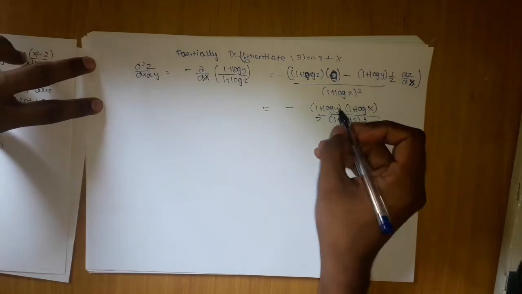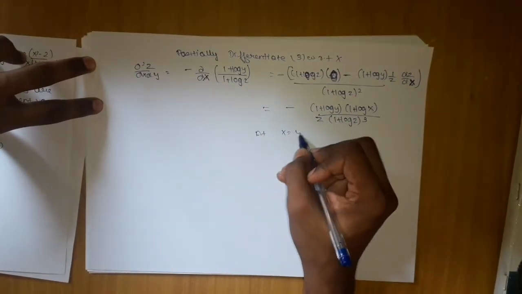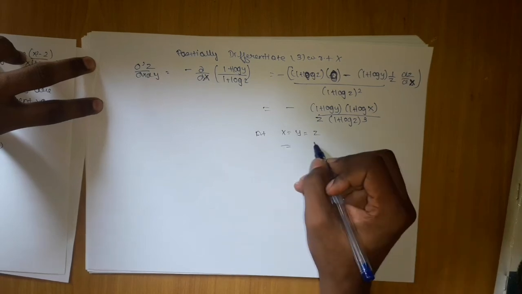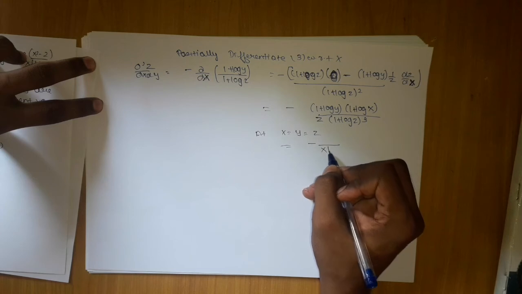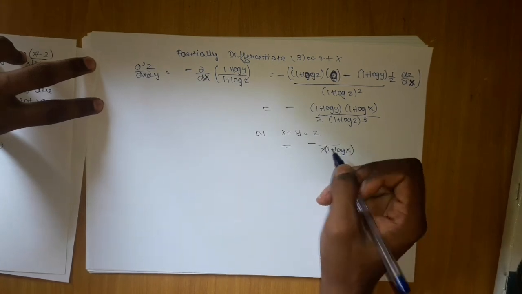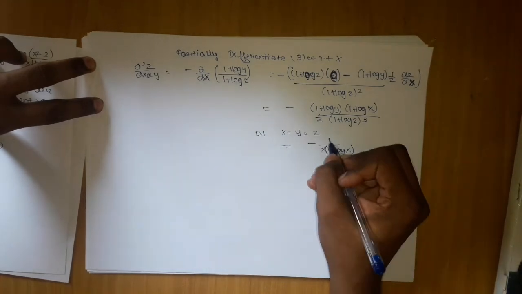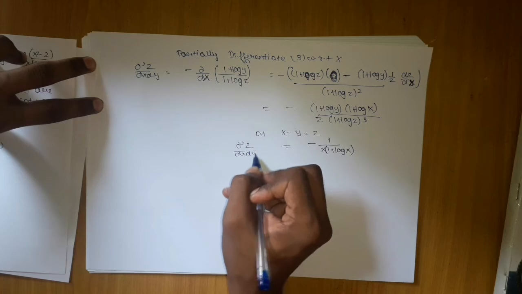You can clearly see that at x equals y equals z, what I'm going to get is, this will cancel out, I'm going to be left with x into (1 plus log x), which is my ∂²z/∂x∂y value.